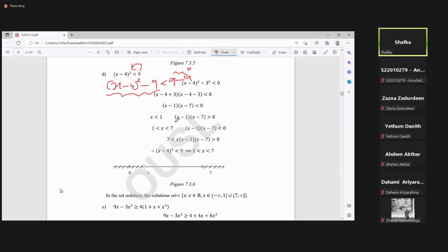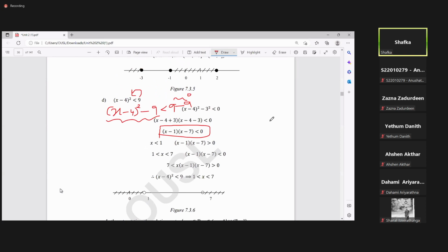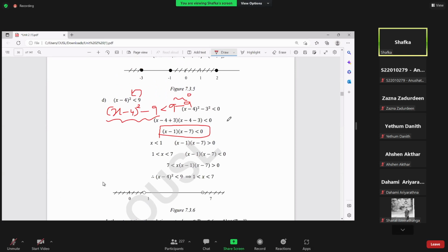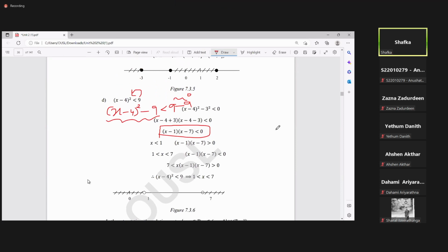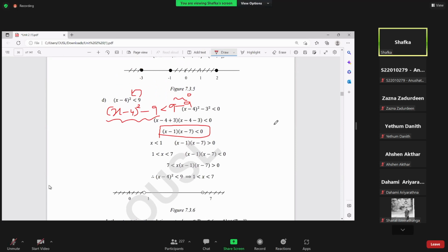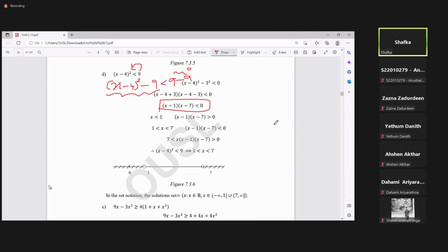Okay, can you see this? This is the inequality after we are getting the factorization. After we are getting factors, this is the inequality. So you have to identify the colored regions.